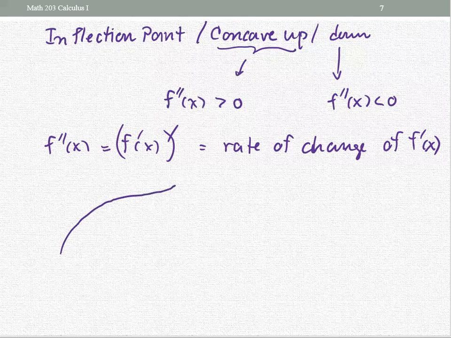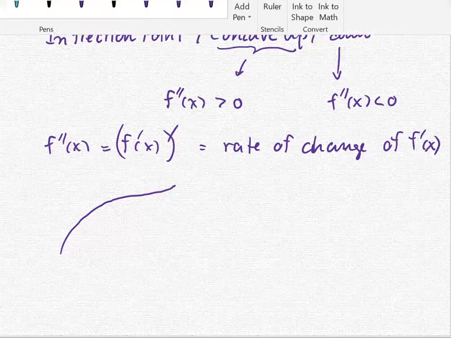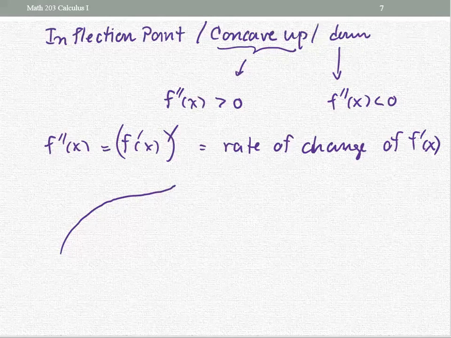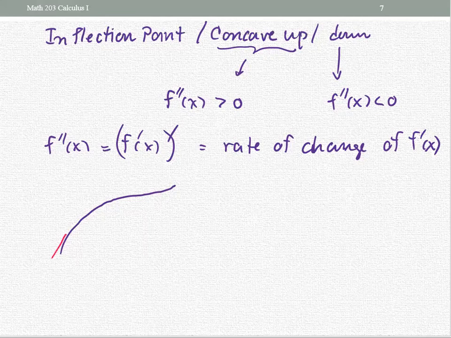For example, say the graph goes this way. You can use the tangent line. Pretend you have a pencil and you go along the curve, and you observe the rate of change of the slope. See the first one here, I call this M1, and this is M2, and this is M3.